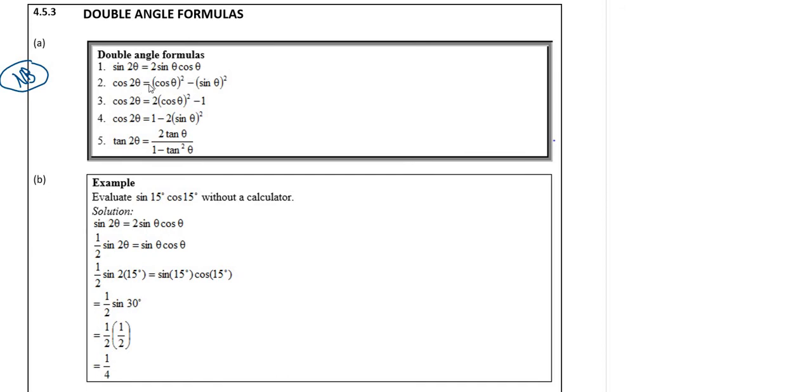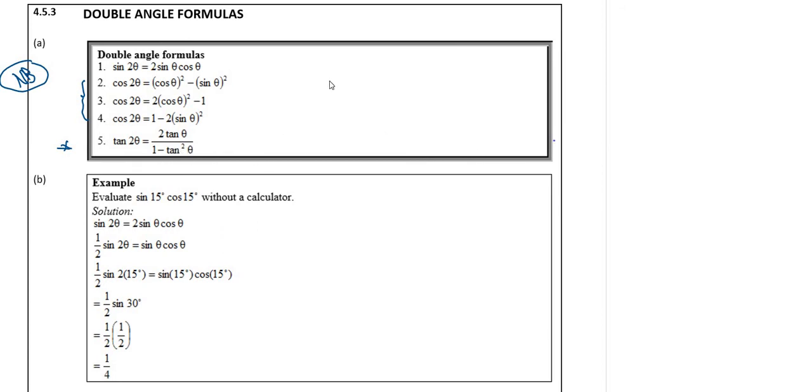Cos 2 theta has three different forms: cos squared minus sine squared, 2 cos squared minus 1, 1 minus 2 sine squared. And then the fifth one here is the tan, which is now new. So tan 2 theta will be 2 tan theta over 1 minus tan squared theta.